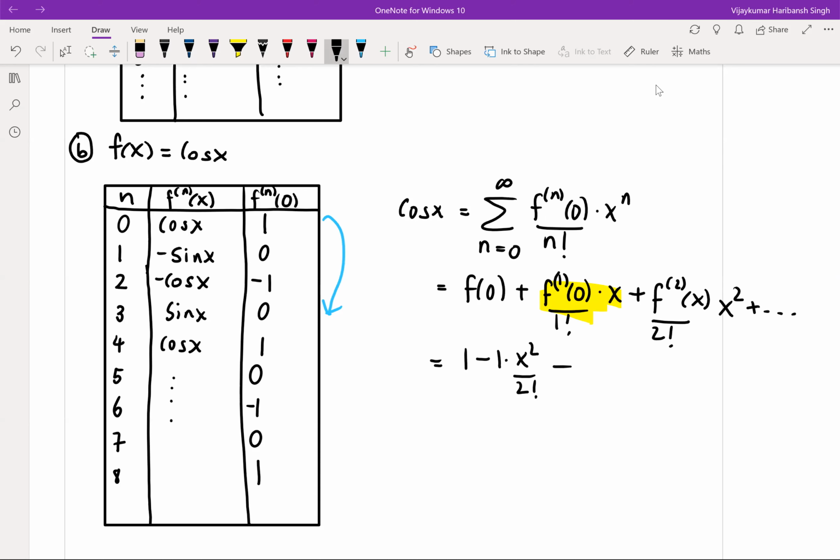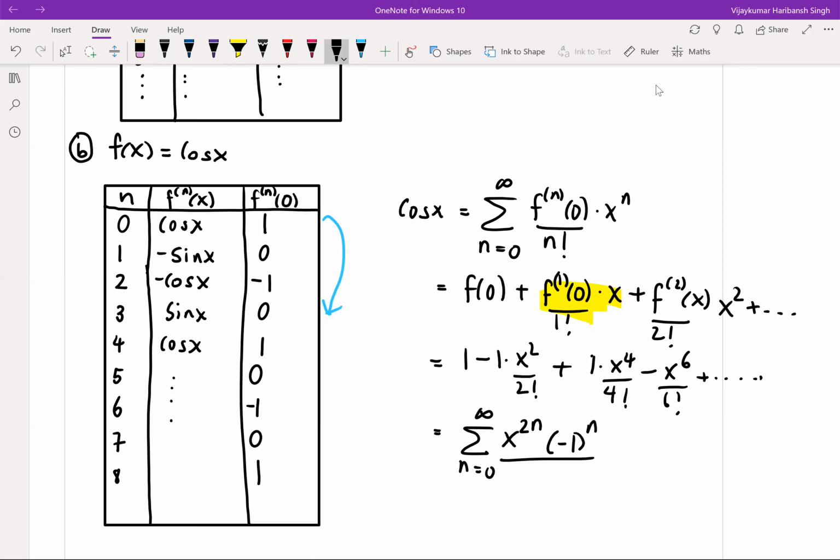You have plus 1 times x to the power 4 by 4 factorial, minus x to the power 6 by 6 factorial, and so on. So this is going to be summation n equals 0 to infinity of minus 1 to the power n times x to the power 2n divided by 2n factorial.